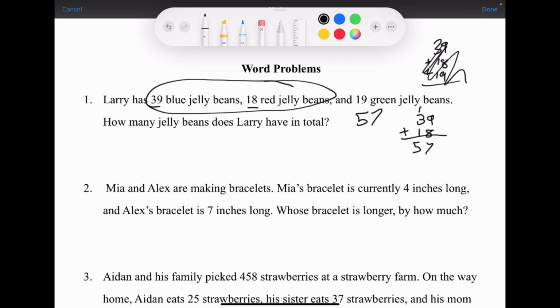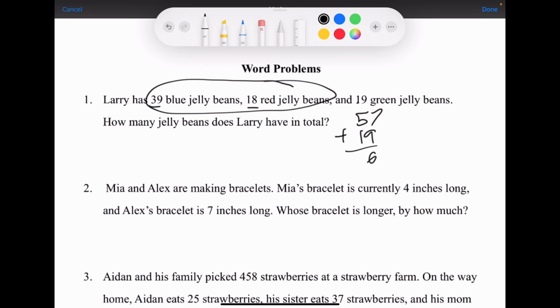And then it also says 19 jelly beans as well. So it's going to be asking what's 57 plus 19. So we can erase all this so far. So we got 57 from 18 plus 39, and then in order to find the total, we can just do this. So 7 plus 9 equals 16.